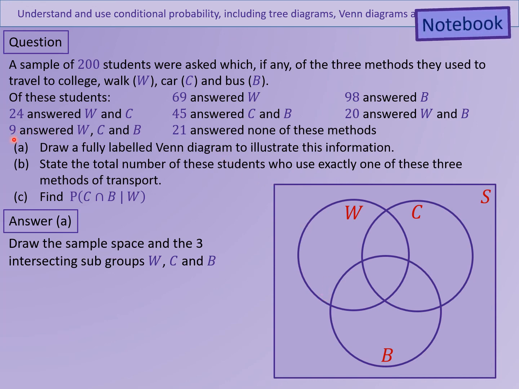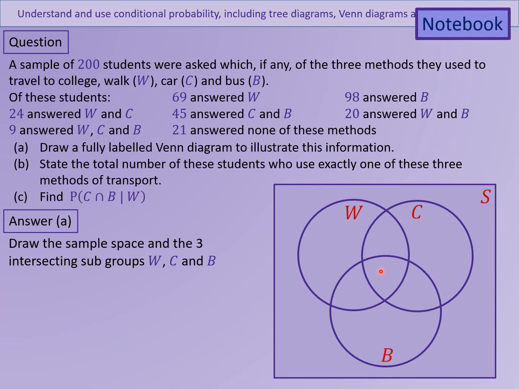Now what I need to do is try to fill in any of these bits of information. You can't just fill any of them in. For example here, 69 answered walk. Now you can tick more than one box. So the walkers might also be in the car, or be in the bus. They might decide that they walk 2 days, take the bus 2 days and get a car the other day, so they have all 3.